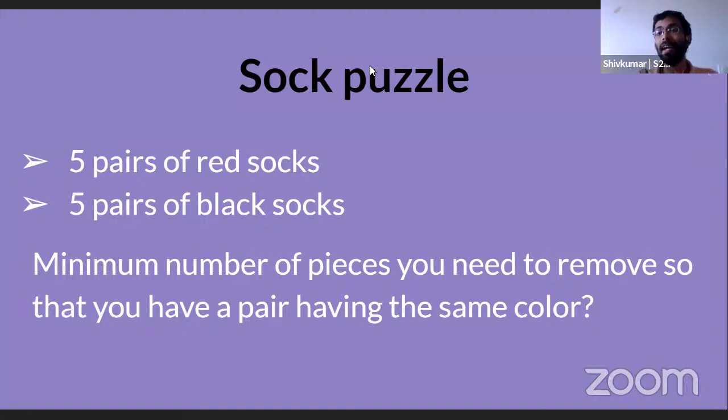If all 10 are red, fine. Divya's response is, you take out 11: you take out the first 10 pieces, and if all the first 10 turn out to be red, then the 11th piece has to be black. But then already in the 10 pieces, you already have a pair, right? If the first 10 are red, then already you have a pair.